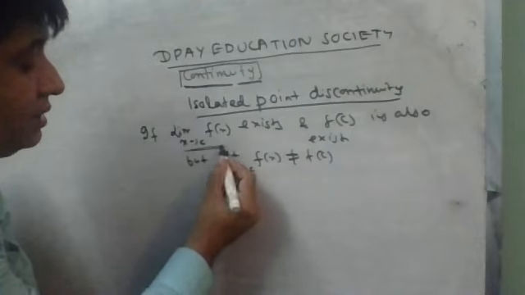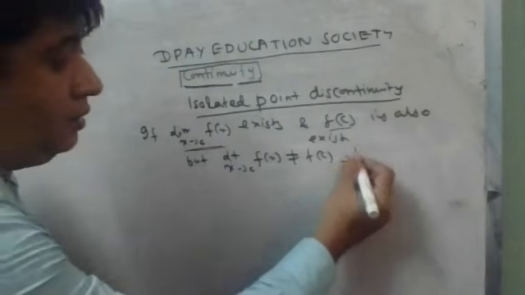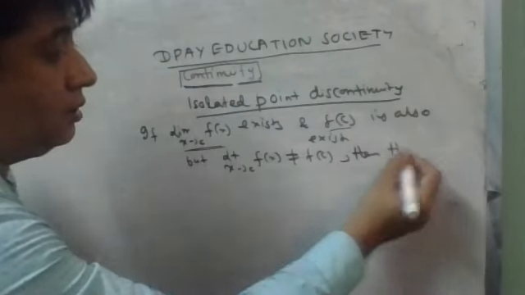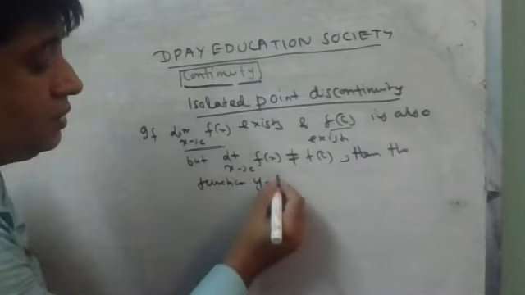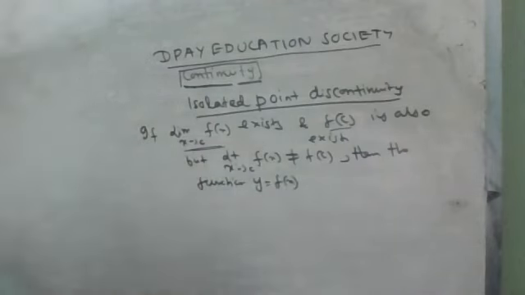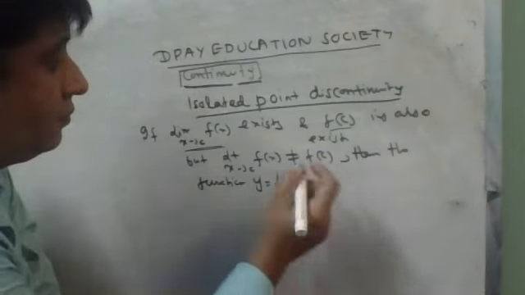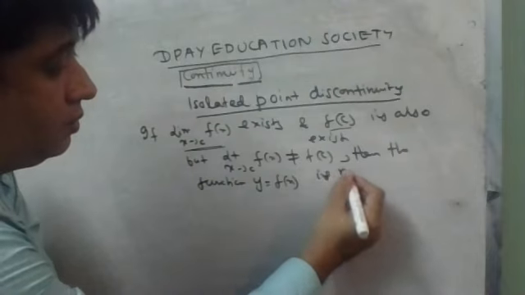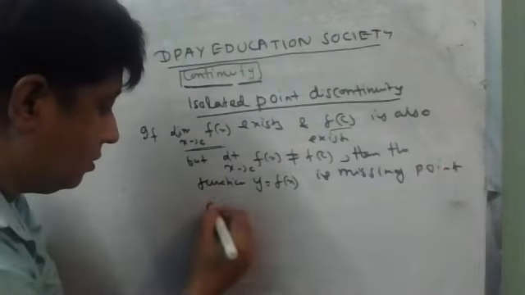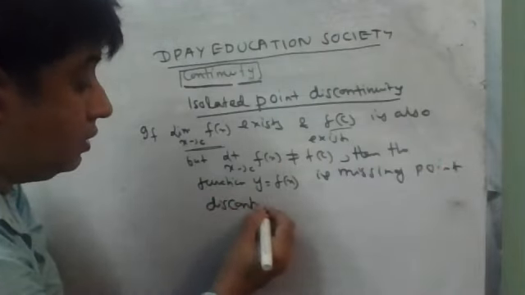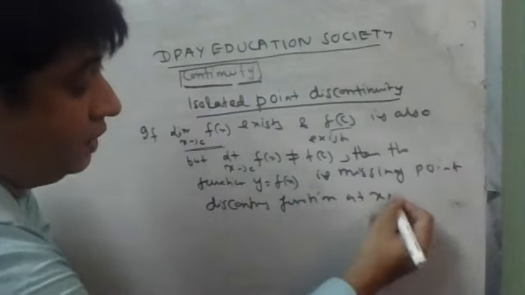This exists, this also exists, but they are not equal. Then the function y is equal to f(x) is an isolated point discontinuous function at x is equal to c.